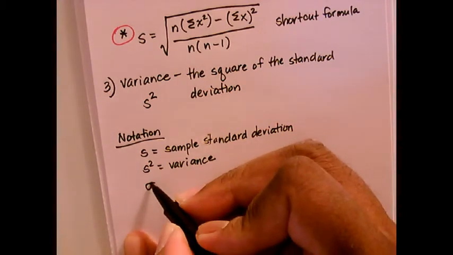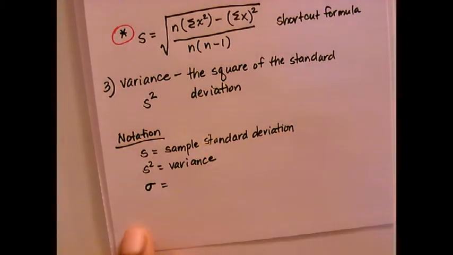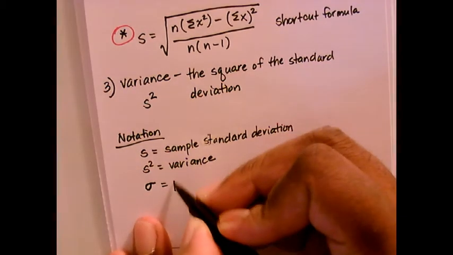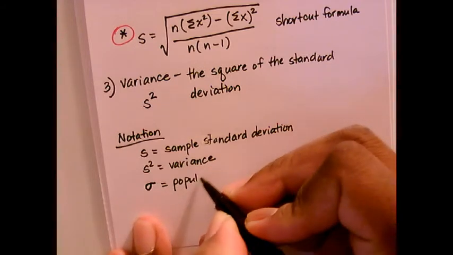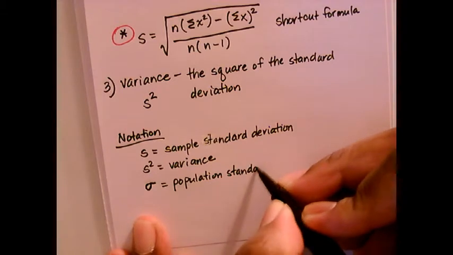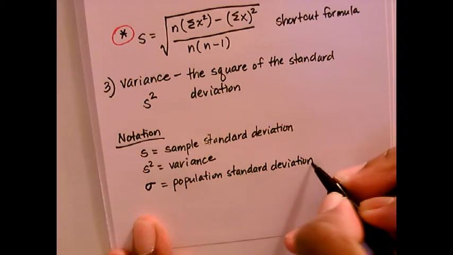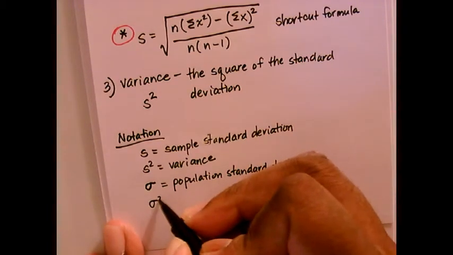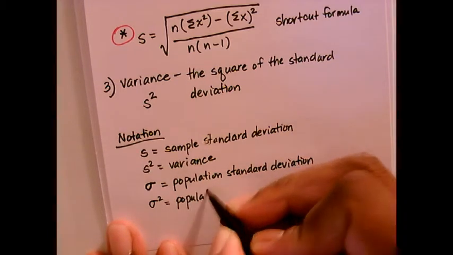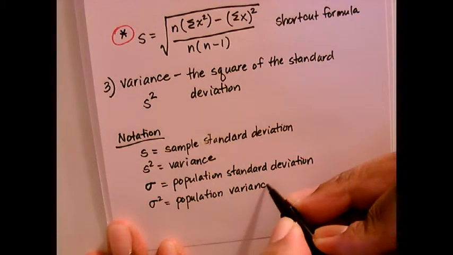Now you're also going to see for a population the Greek letter sigma, lowercase sigma, by the way. That represents the population standard deviation. And sigma squared is the population variance. That represents the square of your population standard deviation.